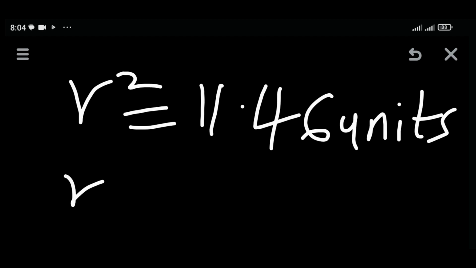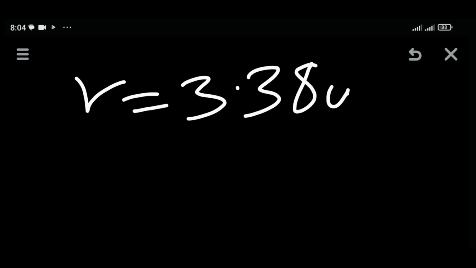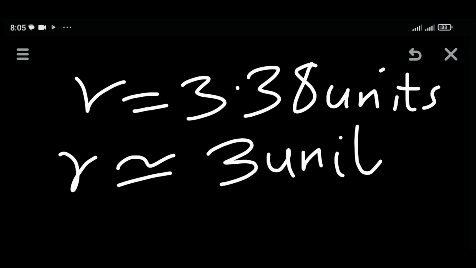We then take the square root, which gives us radius equals square root of 11.46, which then gives us radius to be equal to 3.38 units. We can also approximate this to a whole number, which gives us 3 units as our final answer.